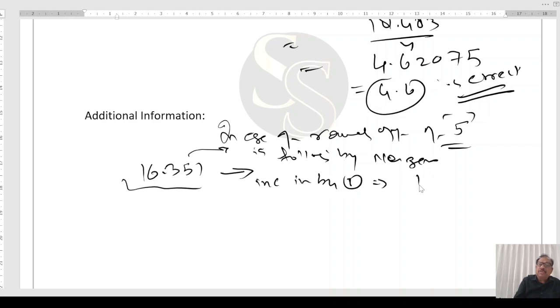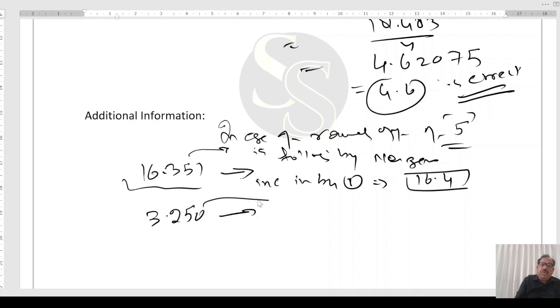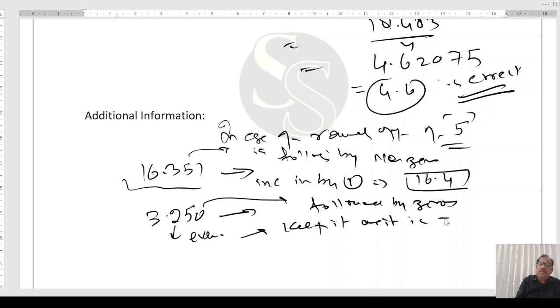That is, 16.4 is the answer. Next, 3.250. In this case, the 5 is followed by zeros. In that case, if the preceding digit is even, keep it as it is. The answer will be 3.2.